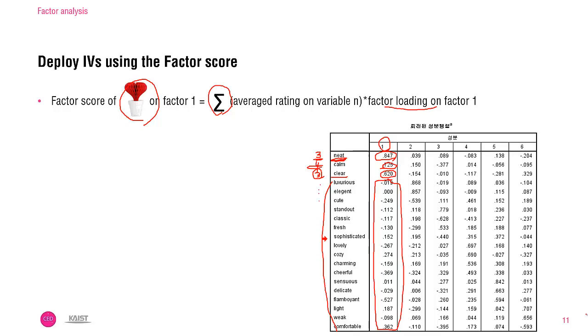Therefore, their influence will be much smaller than the impact decided by these first 3 variables. And this way, the factor score of this product on factor 2 is 3 multiplied by this, 4 multiplied by this, 3 multiplied by this, and the averaged assessment on luxurious multiplied by this and this. So in this way, we can find the 6 types of factor scores of this product.